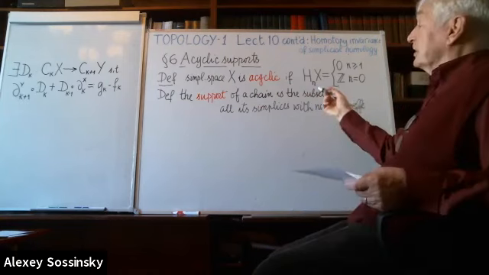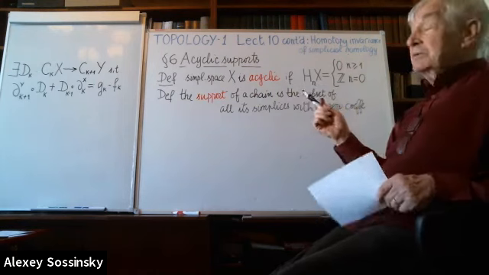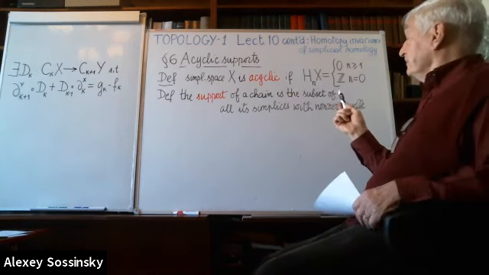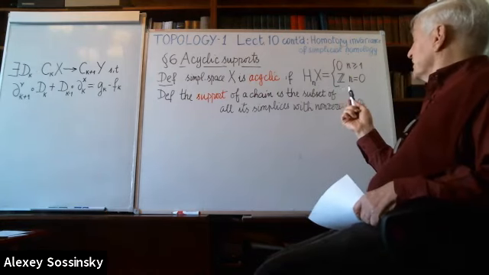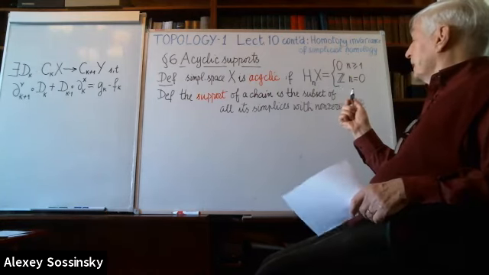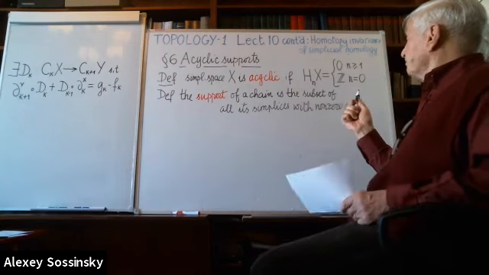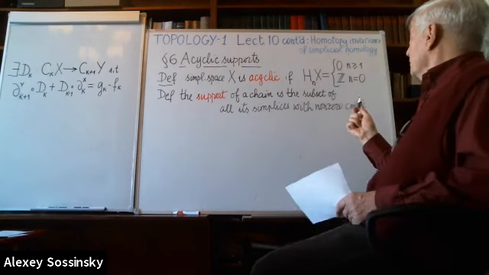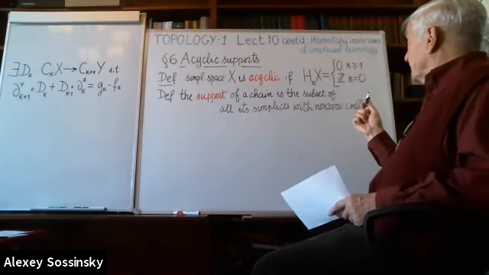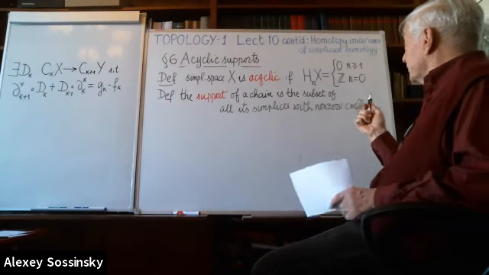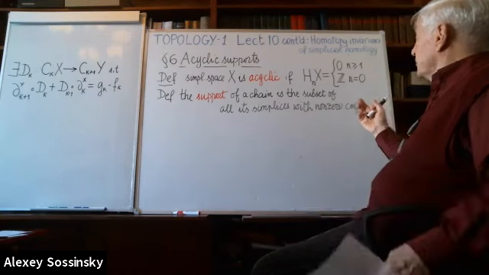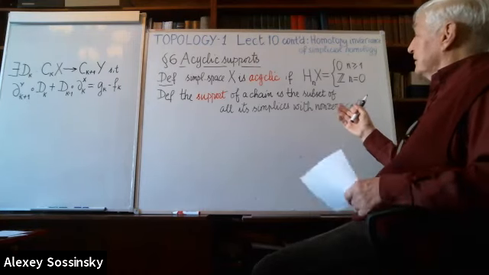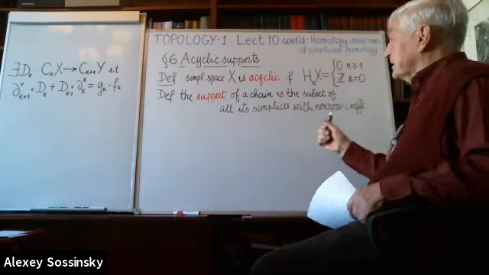So if we're given a chain, what is a chain? It's a linear combination of simplices with certain coefficients, and we take all the simplices which have non-zero coefficients. They form a subset of X.